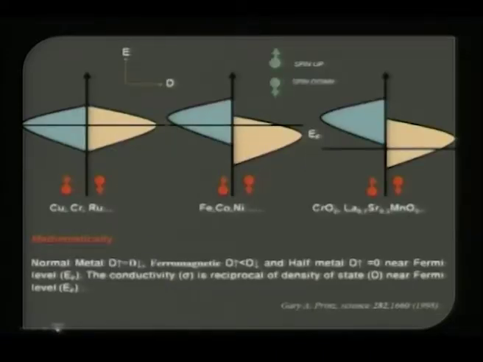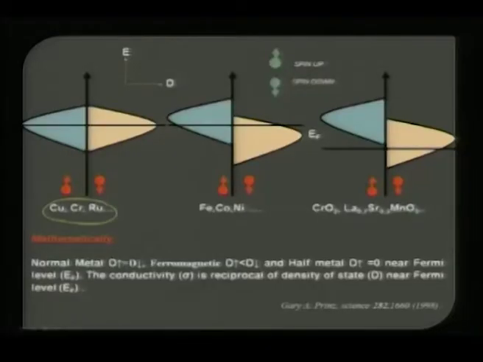Now, if you take any metal in the periodic table, you can easily classify whether it is a non-magnetic metal, a magnetic metal, or a ferromagnetic metal. In the case of copper, chromium, ruthenium, we know that it is a metal but not a ferromagnetic metal. Why?